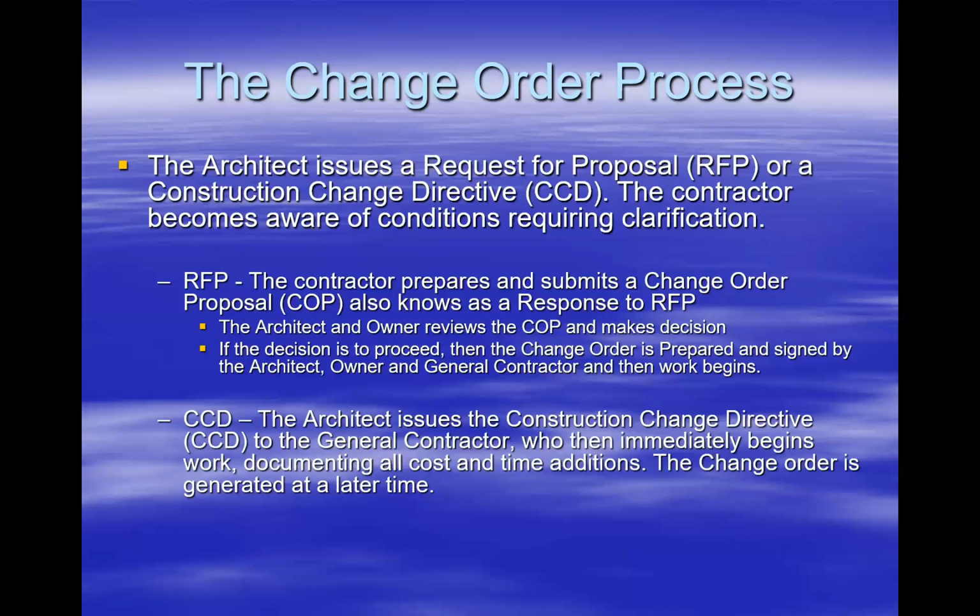That clarification results in some type of change in scope, or just physically we have something that we have to add to our scope of work. It has to be done, otherwise the project can't proceed forward, and we believe it's not part of our original scope of work, and we want to make a claim ultimately that it is. And then with that claim, hopefully we'll get a change order.